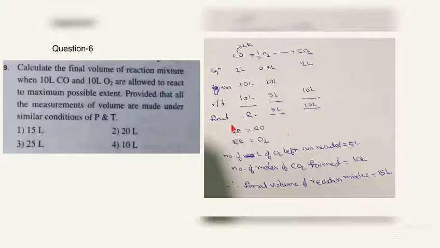So finally we have 5 liters of oxygen left and 10 liters of CO2 produced. We can get limiting reagent CO and excess reagent oxygen. How many liters of oxygen are left unreacted? 5 liters. The amount of CO2 formed is 10 liters. So the final volume of reaction mixture is 15 liters.